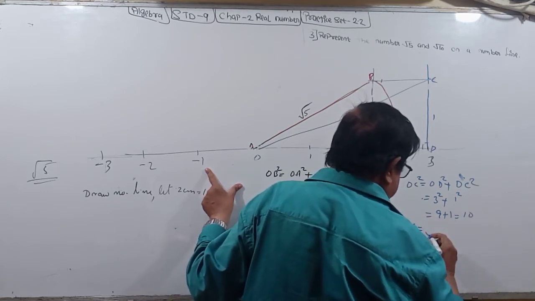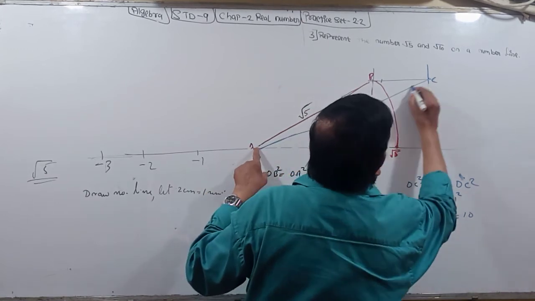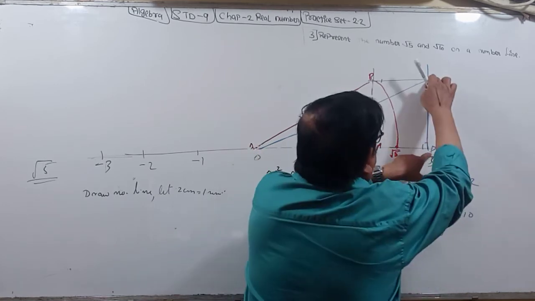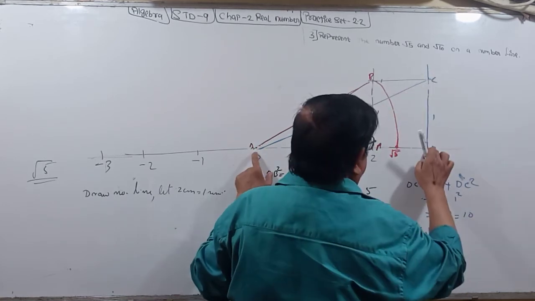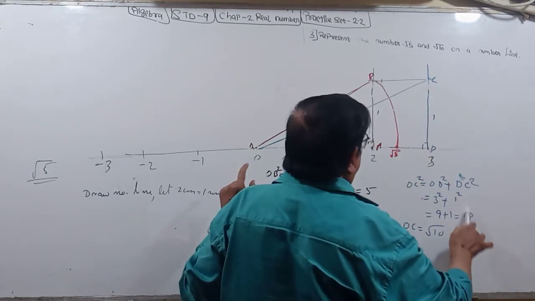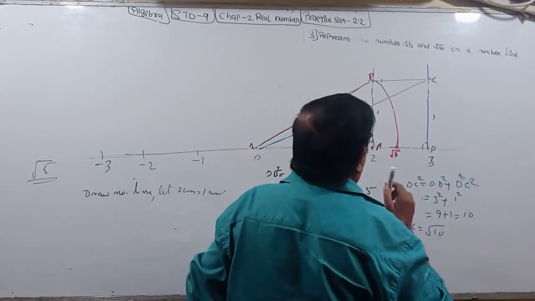OC is equal to square root of 10. This distance from here to here is root 10. Therefore, OC is equal to root 10.